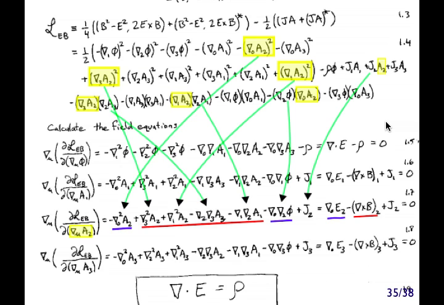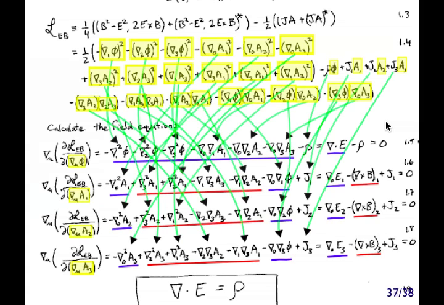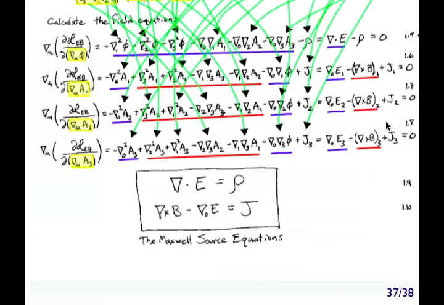I underlined here to make it easier to see which ones have to do with electricity, in blue, and which ones have to do with magnetism, in red. And boom, you get the third component of Ampere's law. And there it is in all its glory. If this was Missile Command, you'd be in a lot of trouble here. And that is how you actually get the Maxwell source equations.